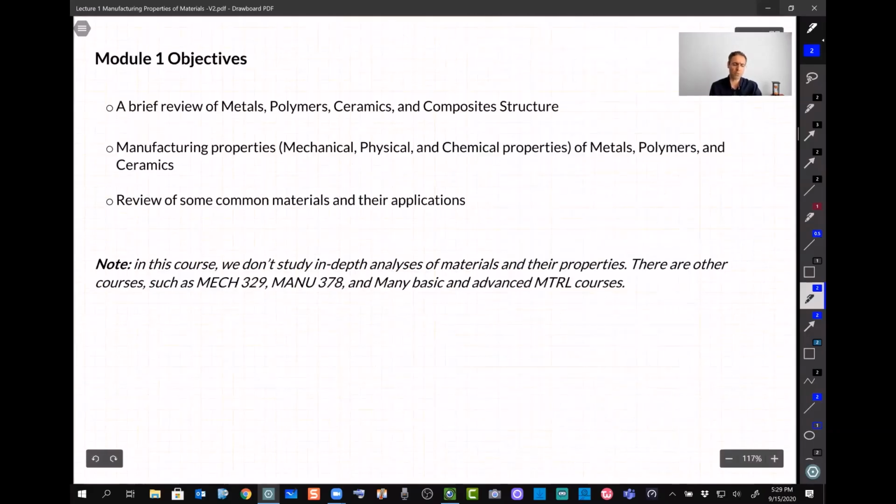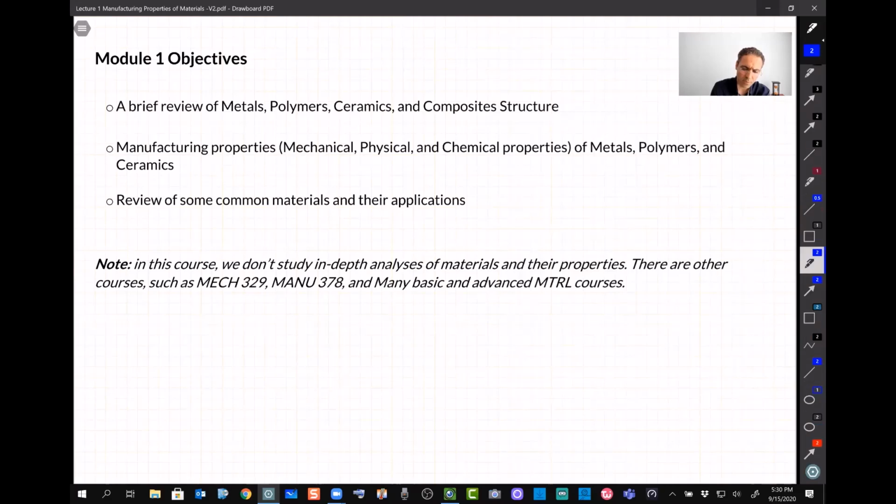So it brings us to the objective that we have for this module. As I said, we're not going to spend a lot of time on material. It's not the main topic of this course, but at least one lecture to cover the foundation. But during the lecture, we'll come back and review some of these things.